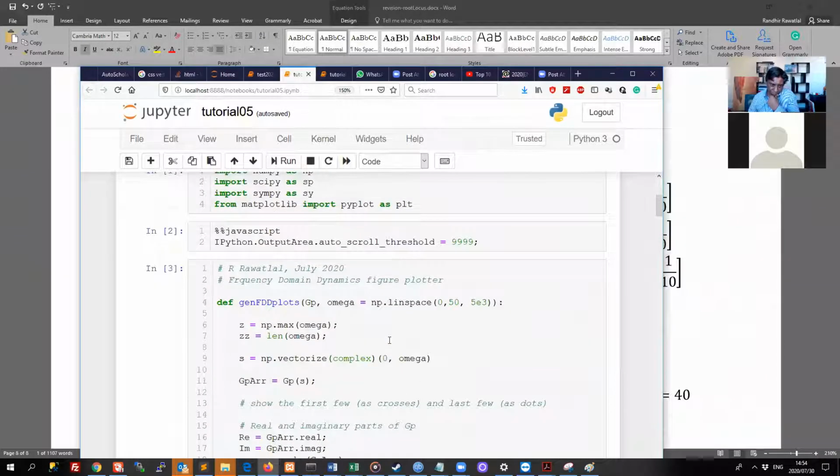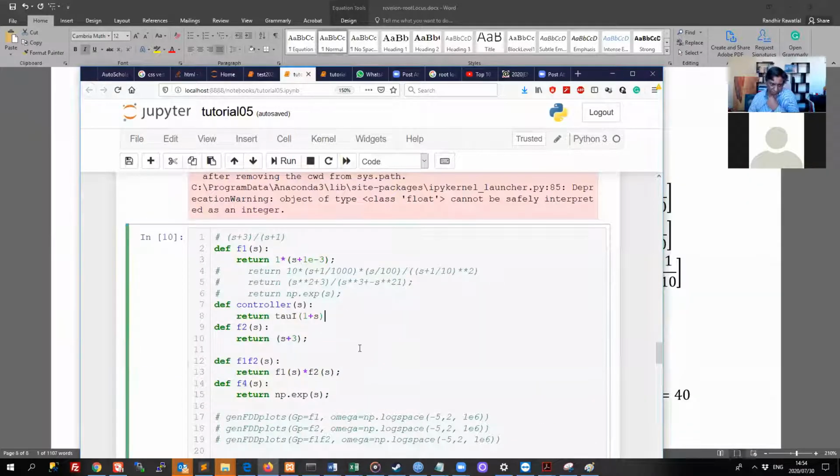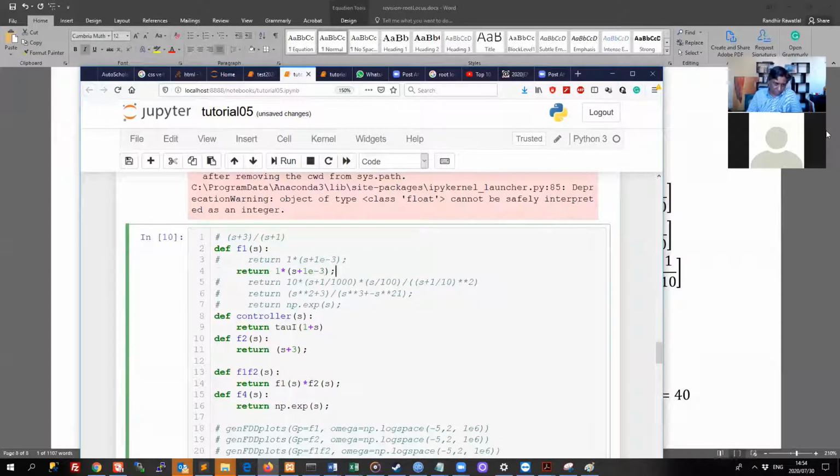So we just specify the function down here. Let's just look at 1 over s plus 1, or let's just look at s plus 1 to begin with.